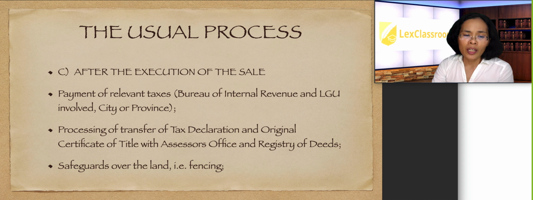Now, you have to also consider the processing of the tax declaration and original certificate of title, because once there is a contract of sale already, payments were made, the process actually does not end there, because you don't have your tax declaration or a title under your name.